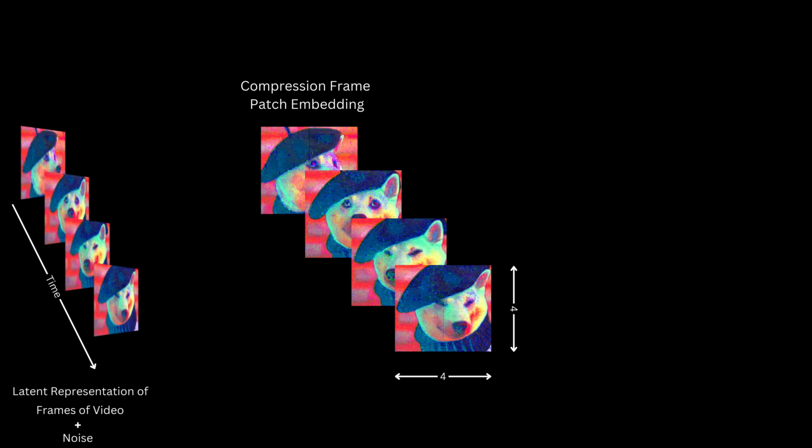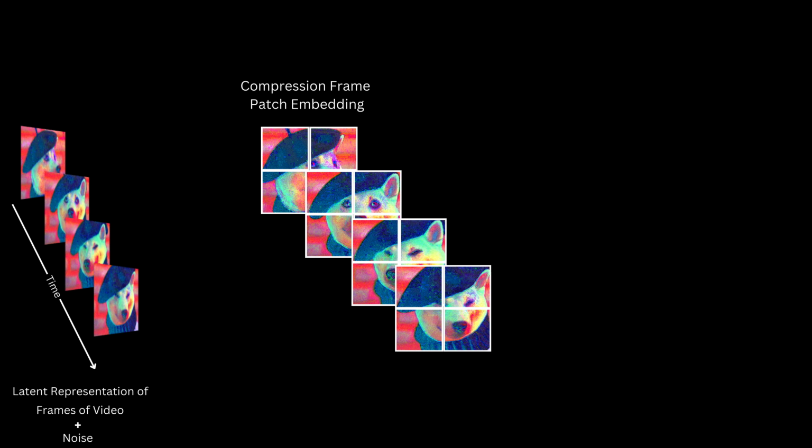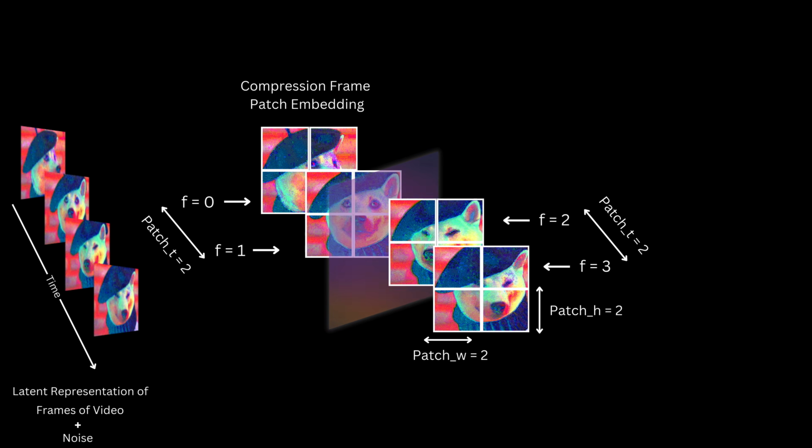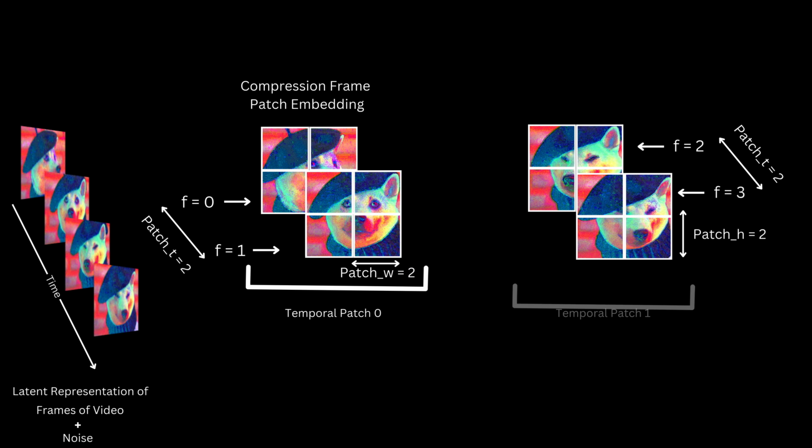So assume our patch size is 2 along height, width, and temporal dimension. Then these white lines mark our patch divisions in the spatial dimension. And this marks our patch division in the temporal dimension. Essentially, patch embedding block would be learning to generate representations of these tubes.